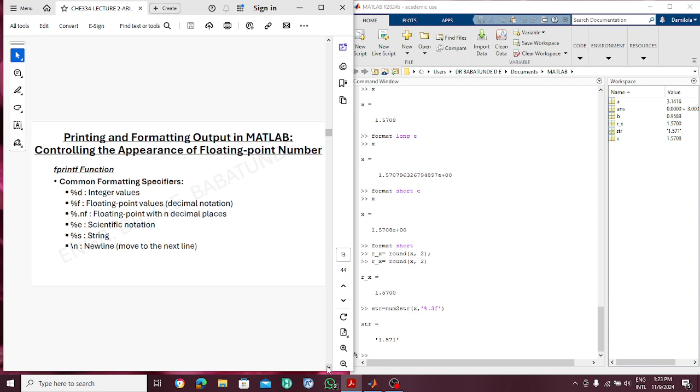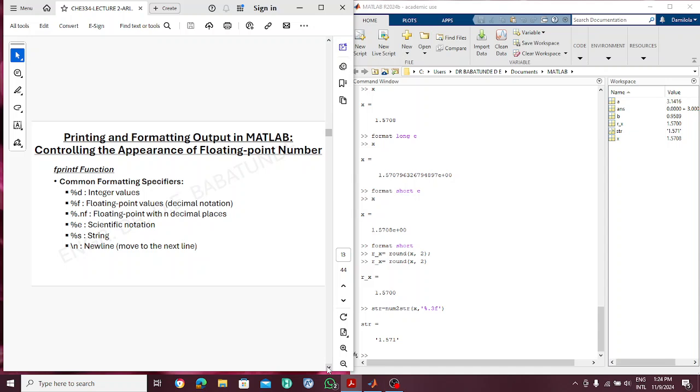Okay, so these are examples of some of the format specifiers that are available. When you see %g, it's a format specifier or a placeholder for integer values. When you see %f, it's a placeholder for floating point values, numbers that have decimal places after them. When you see something like %.nf, it's similar to the example we just finished. It's saying that we are handling a floating point value that has n number of digits.